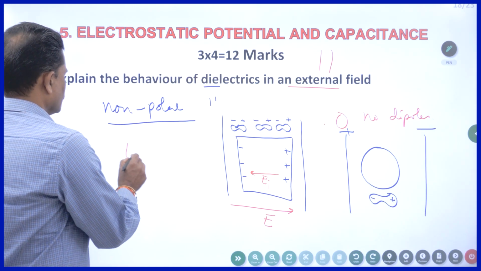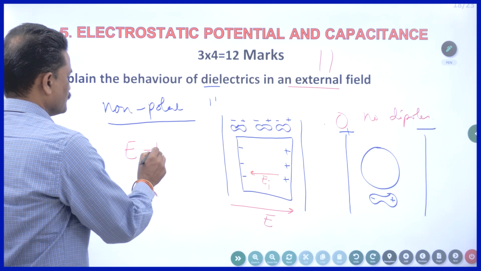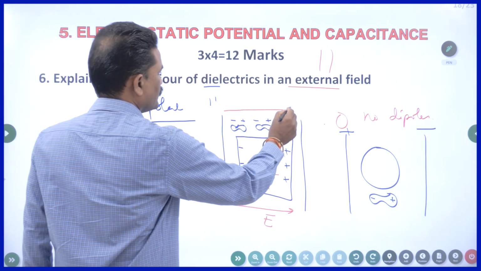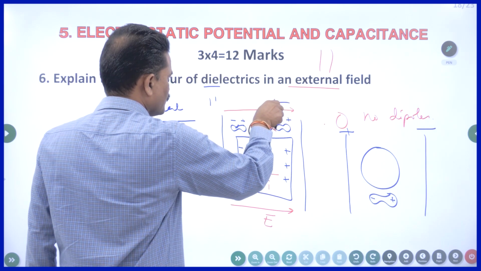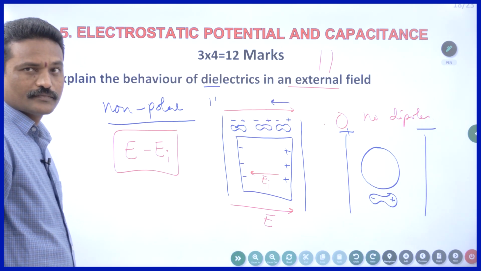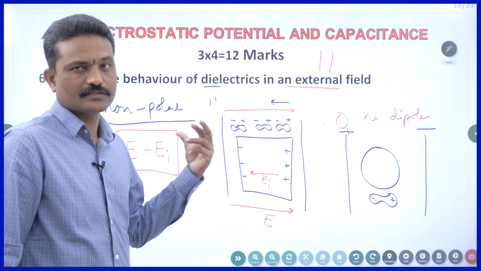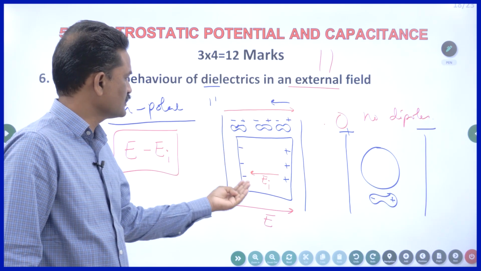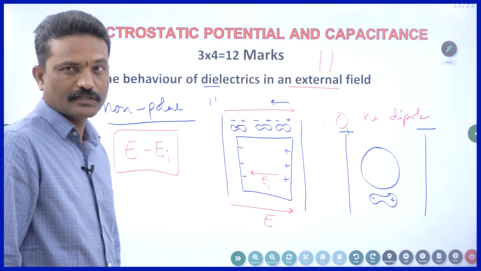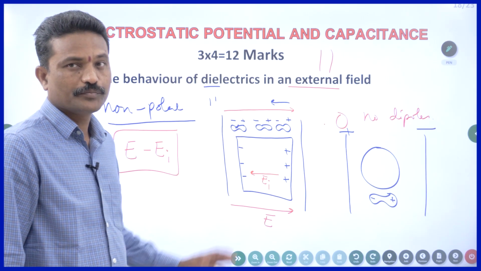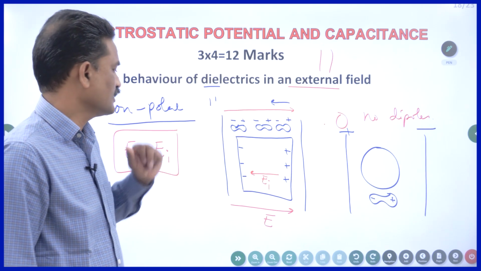So, the resultant field becomes E minus E_i. So, this external field is opposed by a very small field, because the dielectric is getting polarized. Some surface charges are induced. Is this clear? So, this is the behavior of a non-polar dielectric placed in the external electric field.